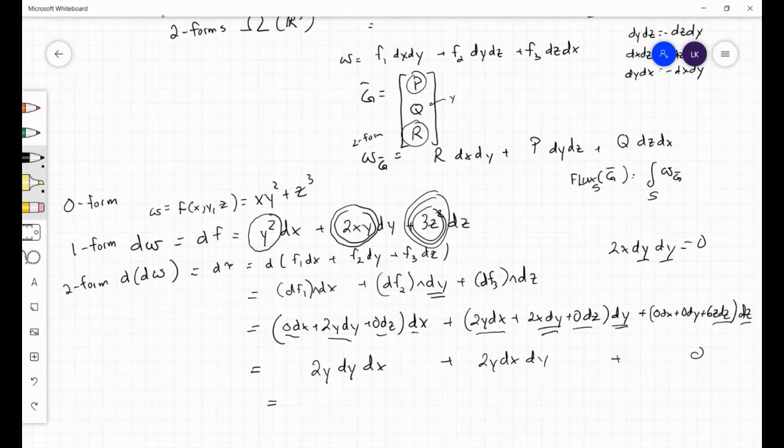So now we write this in the canonical order as dx dy, right? So we have to flip these, and when you do that, you get the negative of what you had before. So you see that at the end of the day, we get 0, the 2 form that's 0.